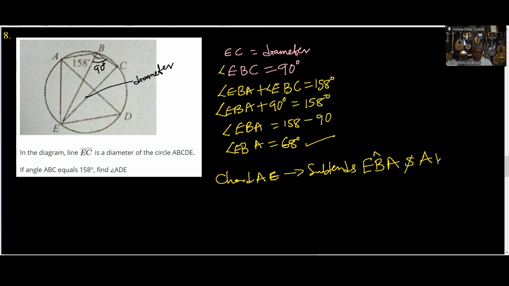Okay? Is this clear? So that means we can say angle EBA equal to angle ADE. Is that clear? Because they are angles in the same segment. Angles subtended by the same chord are equal. Okay?